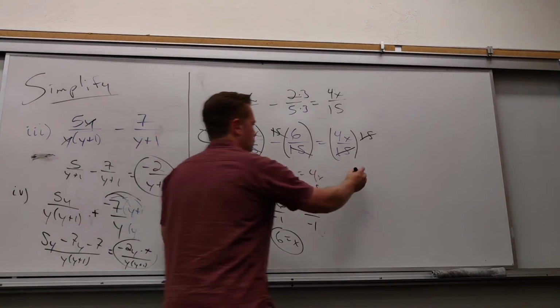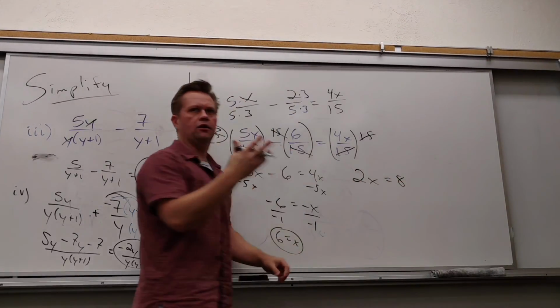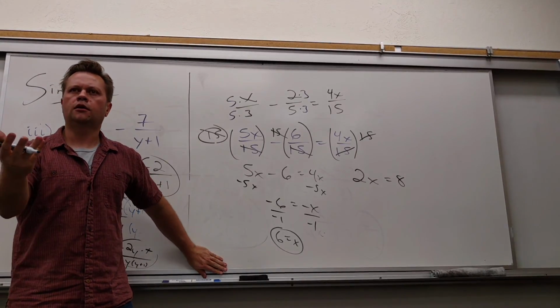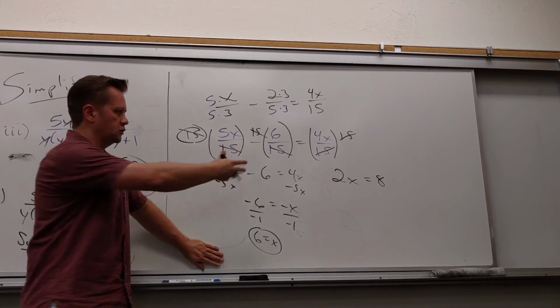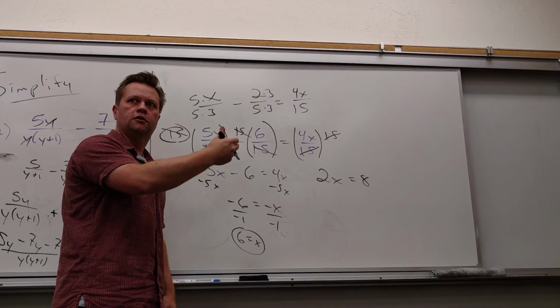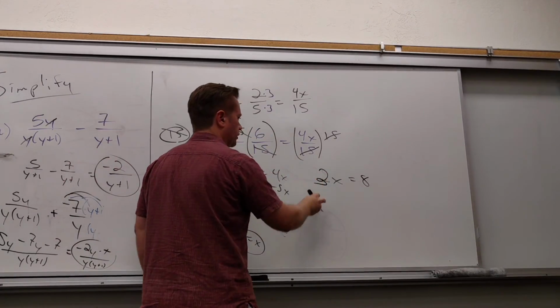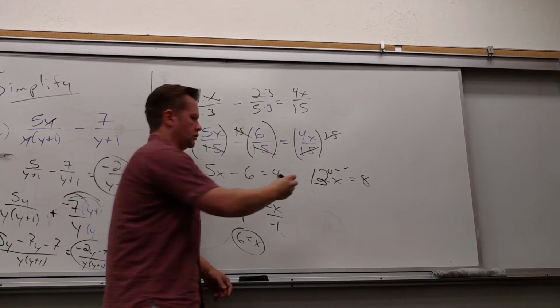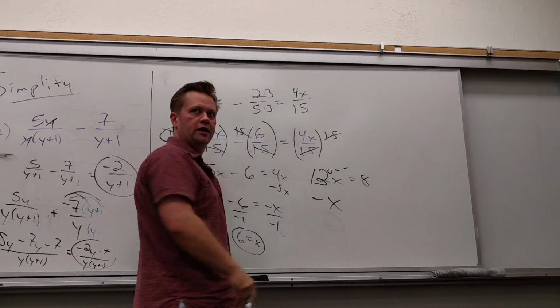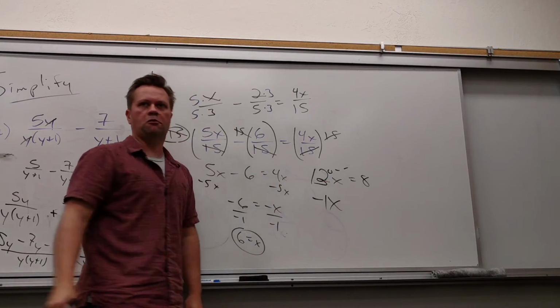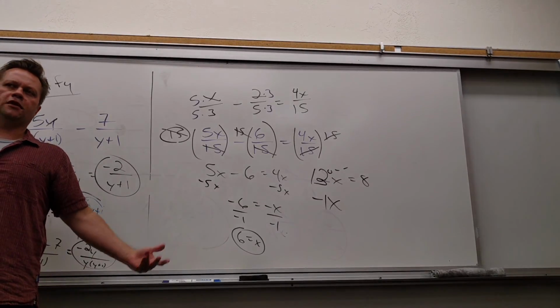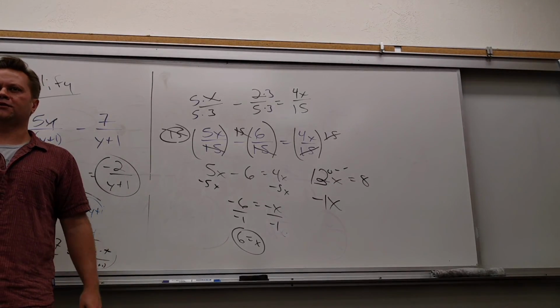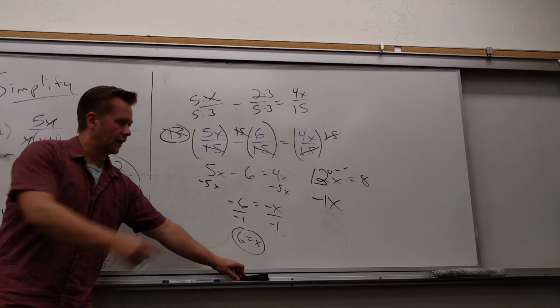The funny thing about us never writing 1 is it makes it look different. But if there's a 2 there, I divide by 2. If there's a 3 there, I divide by 3. If there's a 13 million, I divide by 13 million. If there's a negative 1, I'm going to divide by negative 1. I just normally don't write it. Whatever the number is, if it ain't 1, I'm going to divide by it.